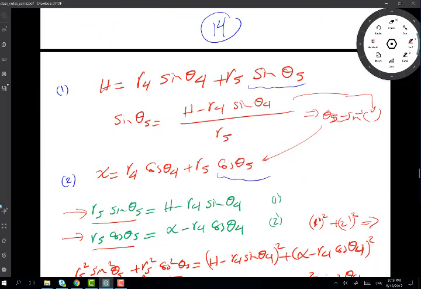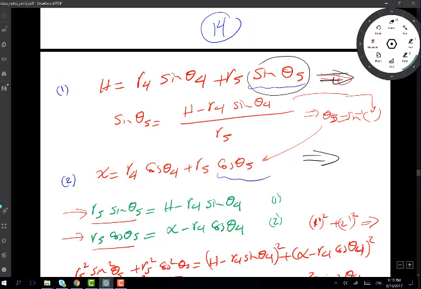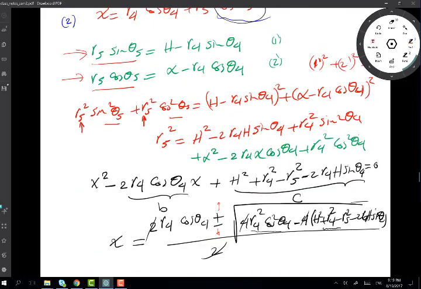In this case, you get two values for theta 5, one from this expression and the other one from this other expression. So you get an expression for sine theta 5, another one for cosine theta 5, and you find theta 5 by using the sine and cosine together in a tan 2 arrangement.